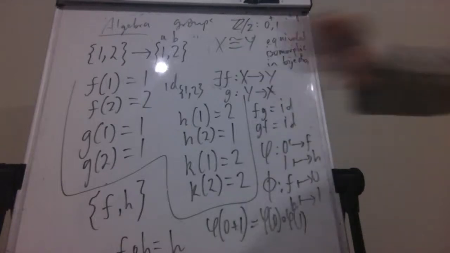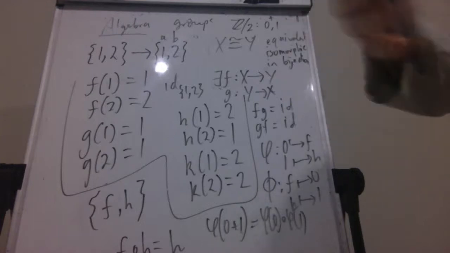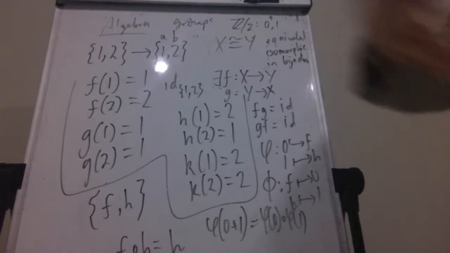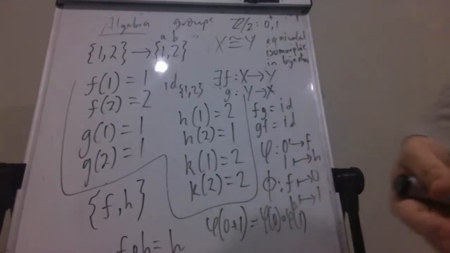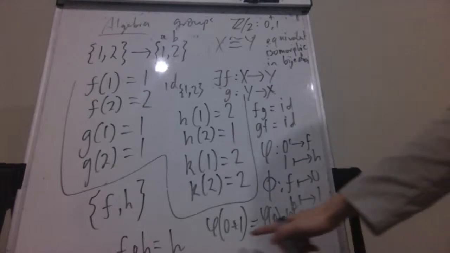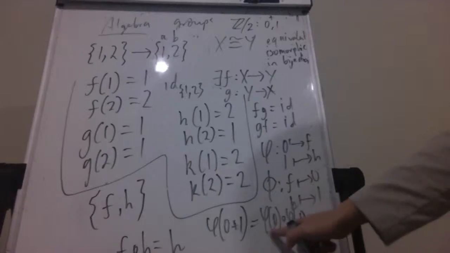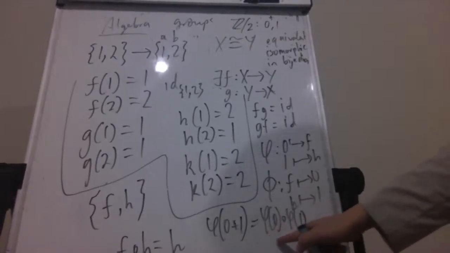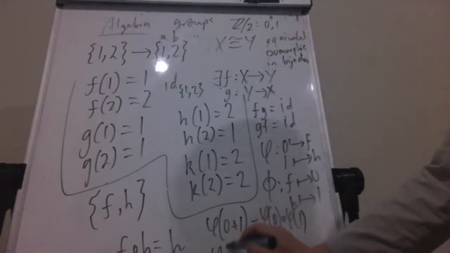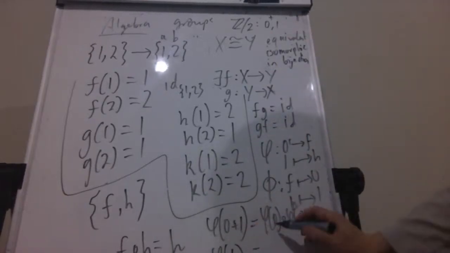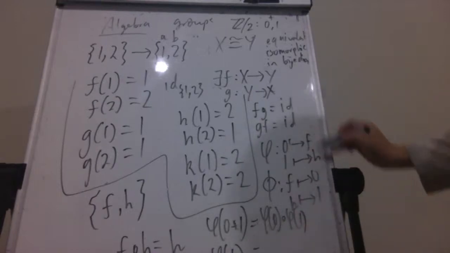But for groups to be equivalent, you need the function to correspond the elements, so they have to be equivalent as sets, but the multiplication has to also be preserved, because with groups you care about the multiplication. So here 0 plus 1 has to correspond to the images composed with each other. 0 plus 1 is just 1, so that's just phi of 1. And here phi of 0 and phi of 1 is just f and h.